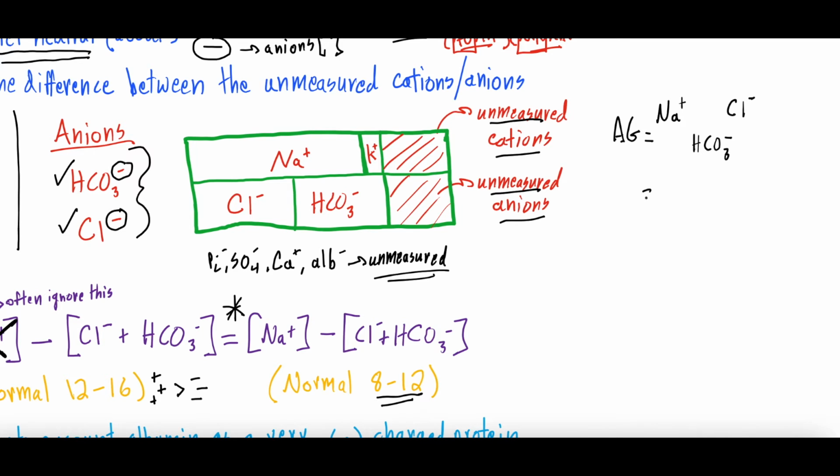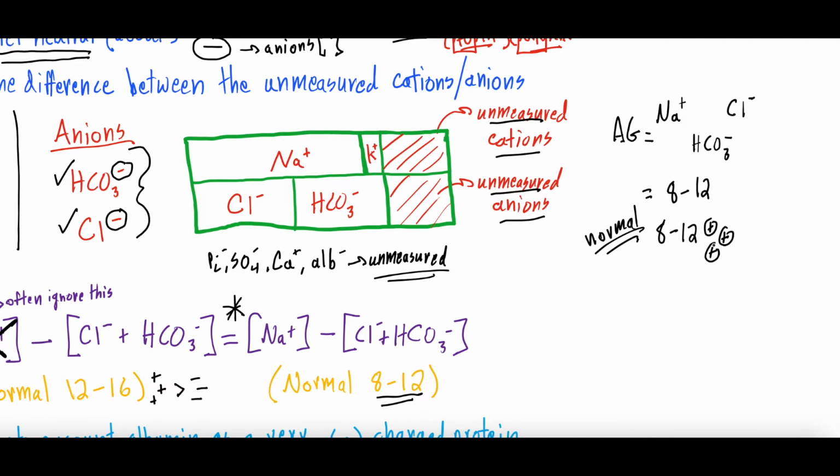And the normal is 8 to 12. So if you just look at these, you will always have 8 to 12 more cationic particles than anions. And this is normal, right? Because what the equation isn't taking into account is all these unmeasured cations and unmeasured anions.